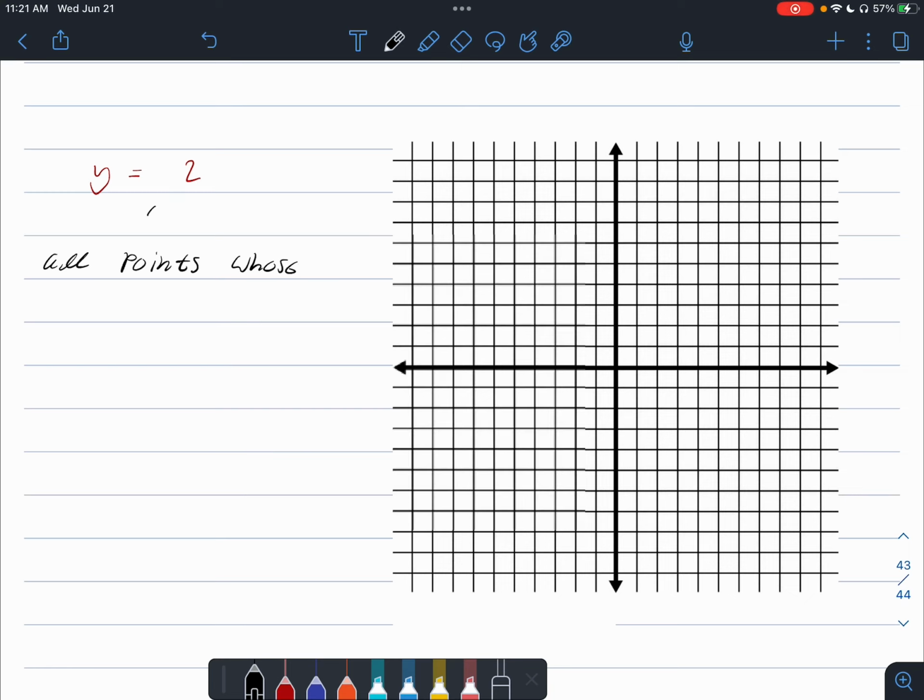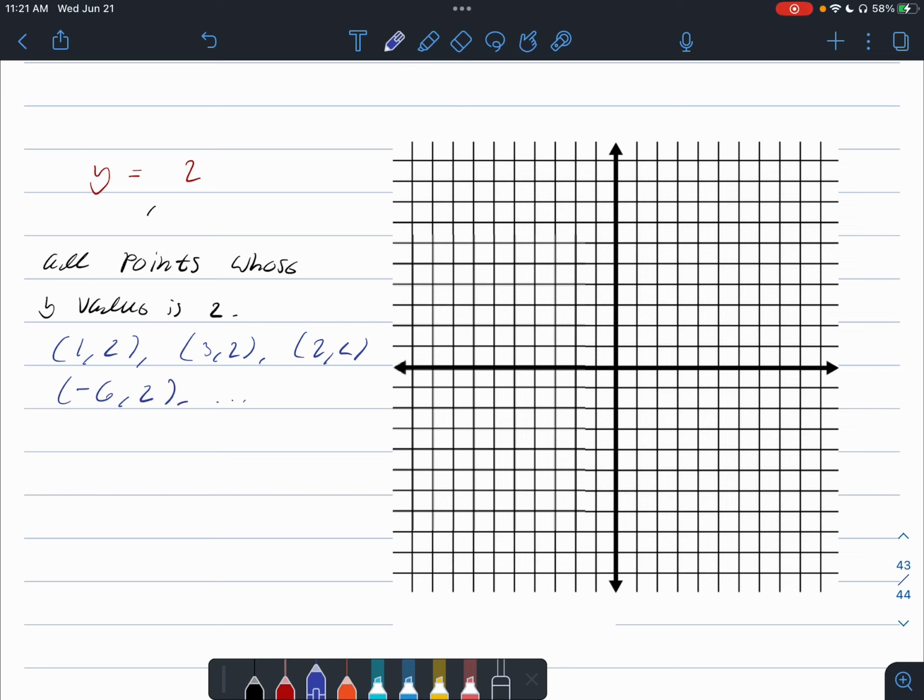So for example, you'll have the point 1, 2. You'll have the point 3, 2. You'll have the point 2, 2. You'll have the point -6, 2, etc. Right? You'll have every point on the graph whose y value is 2.